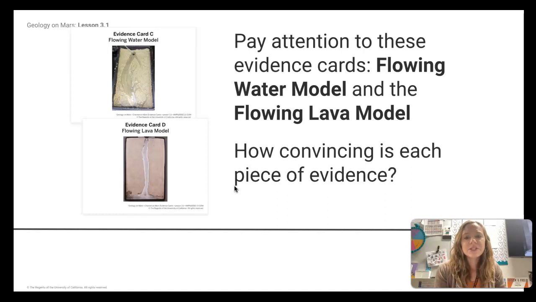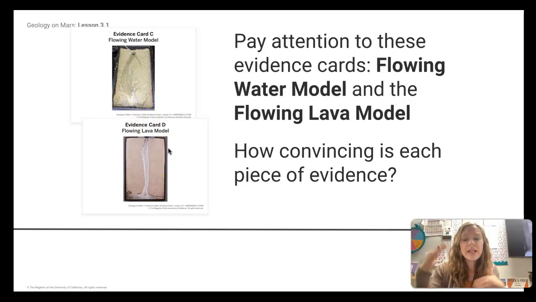So I want you to pay special attention to the evidence cards for the flowing models, so the flowing water model and the flowing lava model, and just decide how convincing are each of these pieces of evidence. And maybe the flowing water model is a really great convincing piece of evidence for claim number 1, but the flowing lava model is a better, more convincing piece of evidence for claim number 2.